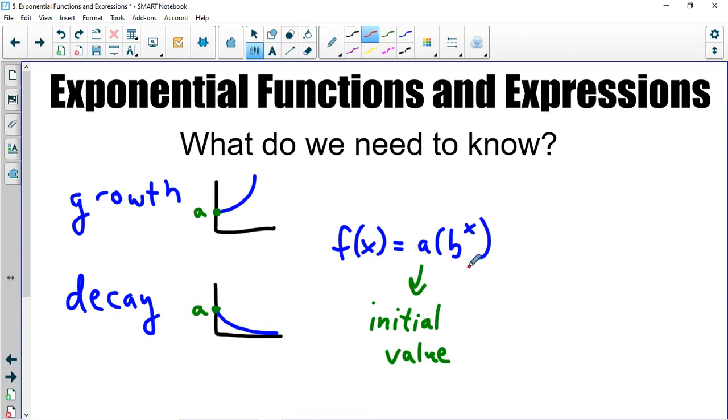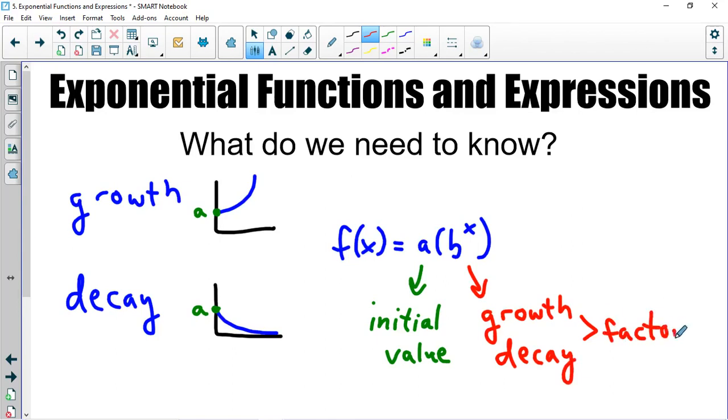b is slightly more complicated because b is either the growth factor or the decay factor. And how we calculate this b value changes depending on whether it's exponential growth or decay. If it's exponential growth, it's going to be b equals 1 plus r, where r is the rate of increase.